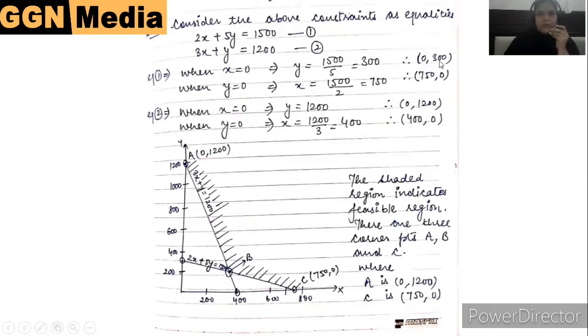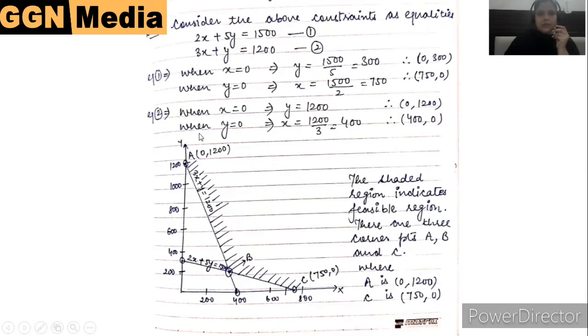It means when you join both these 2 points on the graphic paper, you will get your first constraint drawn on the graph. In second equation, when you put x is equals to 0, y is equals to 1200, the point obtained is 0 and 1200.